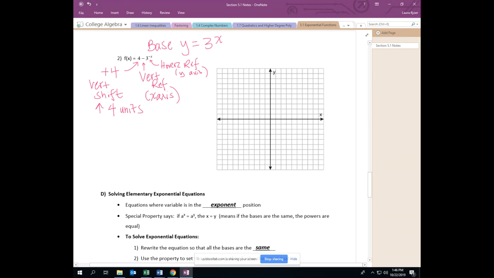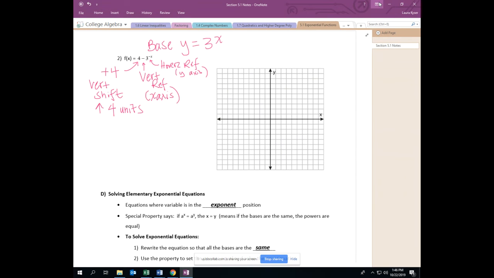Now you could do each one of these separately, where you do your reflections and then do your vertical shift, but that takes a little while. And you also have to base everything off of your base graph table. So rather than go through each of the individual reflections and shifts, I'm going to go ahead and just make a table and do all of it at one time.